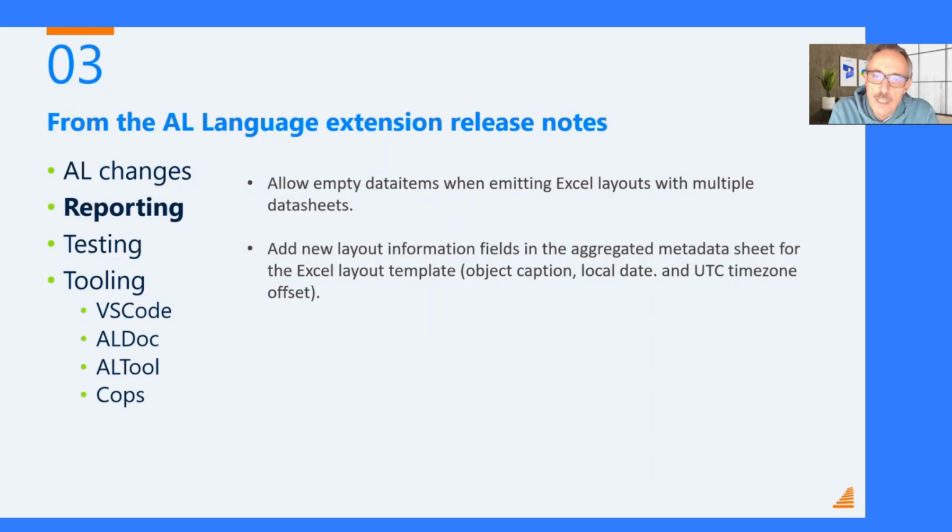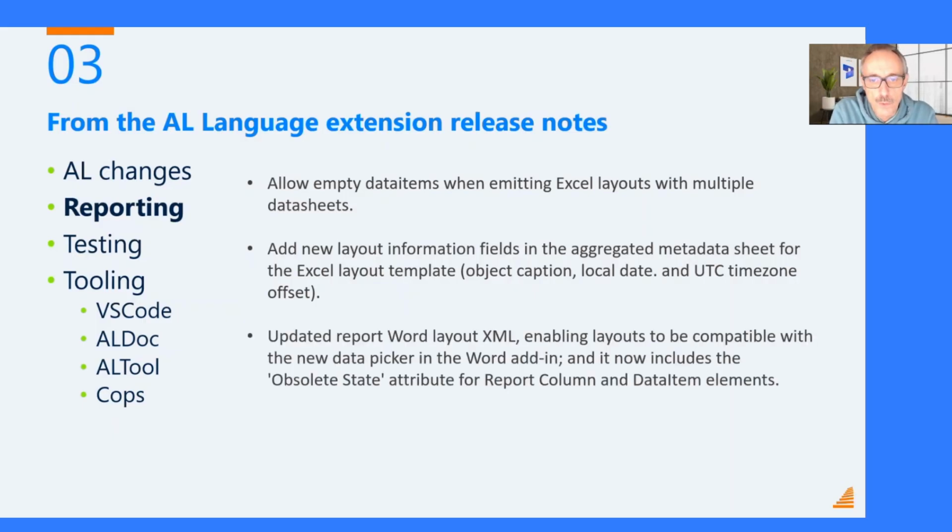Also, layout information in the Excel sheet now contains metadata like the object caption and the local date and time zone. So you get more information about what fields are in your Excel document.